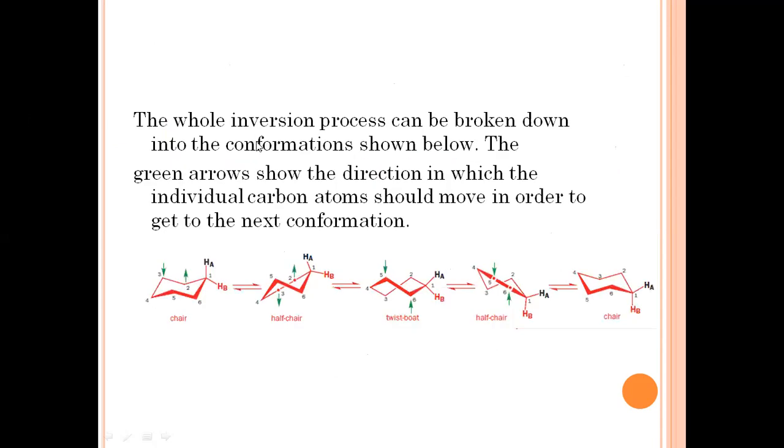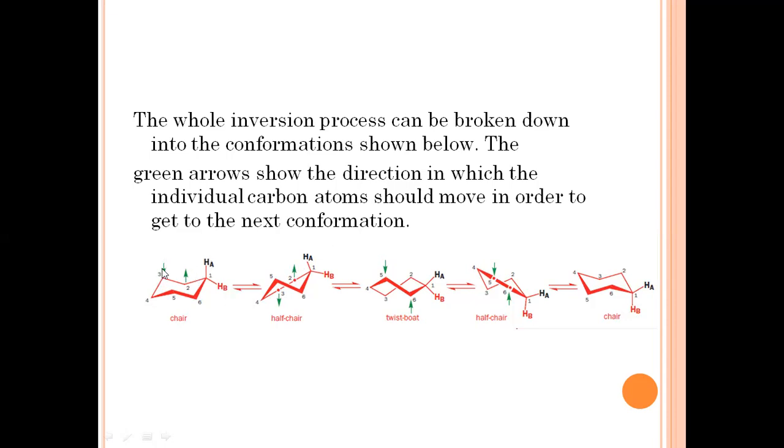So the slide in front of you gives the different conformations of the cyclohexane molecule. The whole inversion process can be broken down into the conformations which we have given here. The green arrows in the slide show the direction in which the individual carbon atoms are going to move in order to get the next conformation.